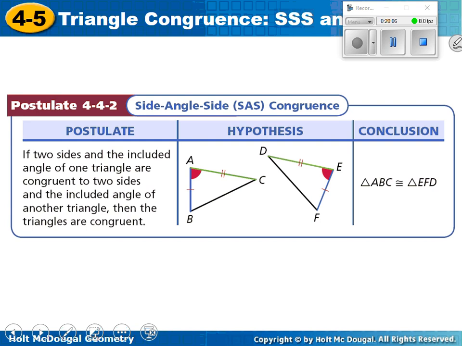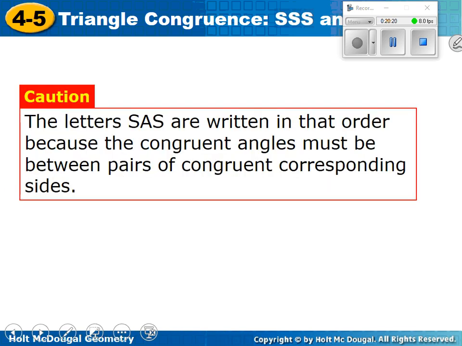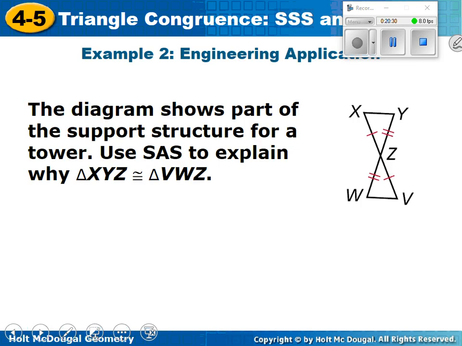I already talked to you about side angle side, very important. The way I think about it is when I draw this side and I draw this side, where do they meet? If that angle is marked congruent, then that's the angle in between the two sides. And again, caution, they're in this order for a reason. Don't rearrange the letters or you're spelling bad words, whether you're dyslexic or not.